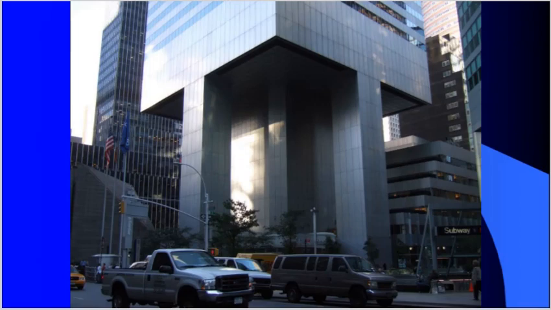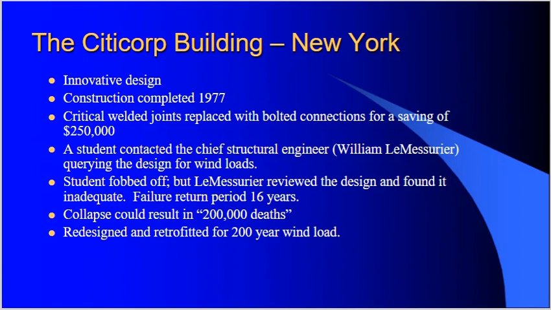This was an unusual structure which, for reasons of avoiding surrounding structures, was built with the main columns positioned along the midpoint of each side rather than at the corners. So that was an innovative design.